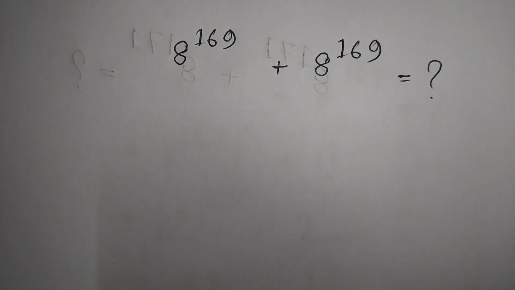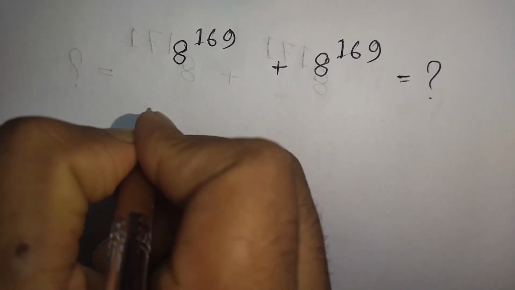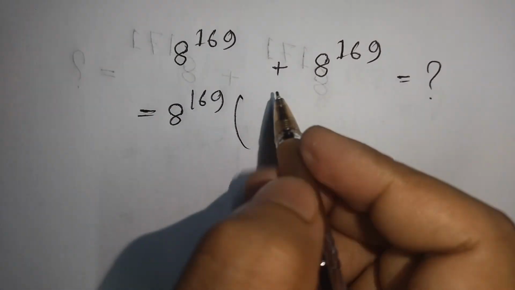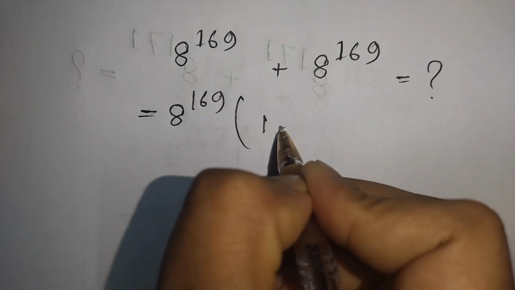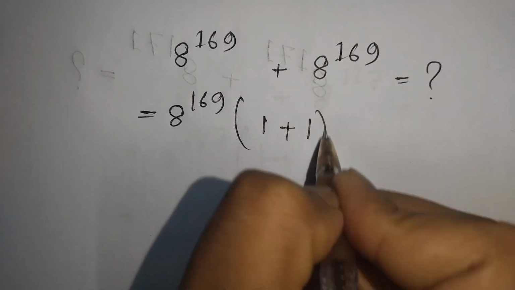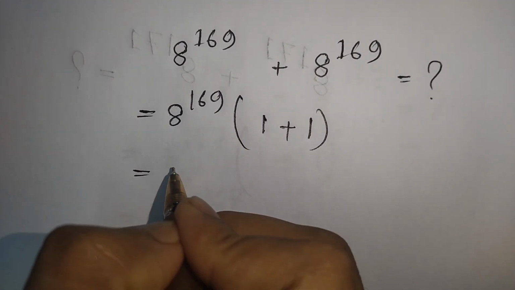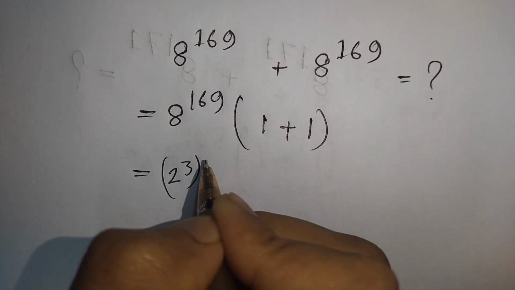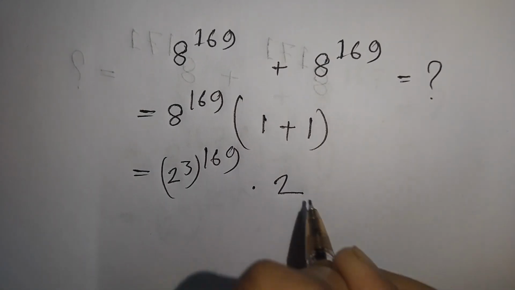So this is how to solve a to the power 169 plus a to the power 169 is equal to what? At first we take common a to the power 169, first bracket start, this divided by this, that means 1, plus this divided by this, that means 1. Then a to the power 169 is same as 2 to the power 3, bracket for 169, times 1 plus 1, that means 2.